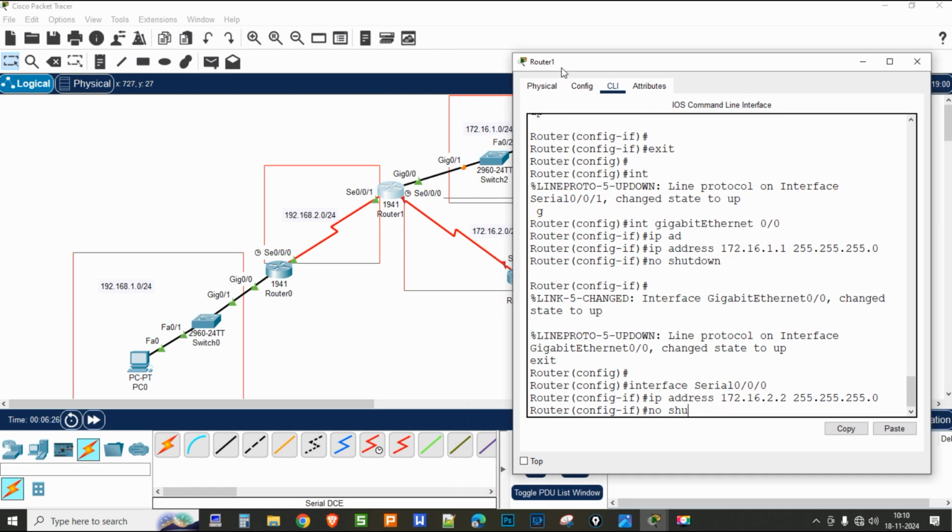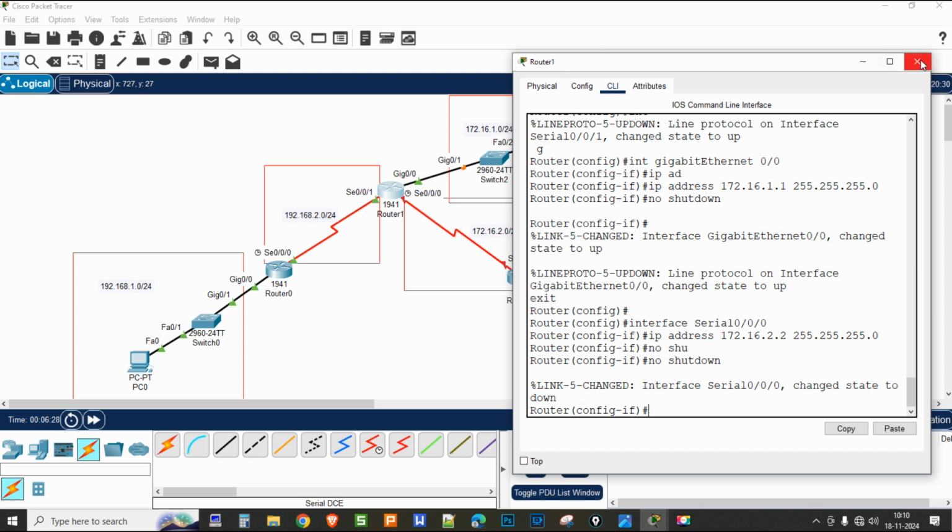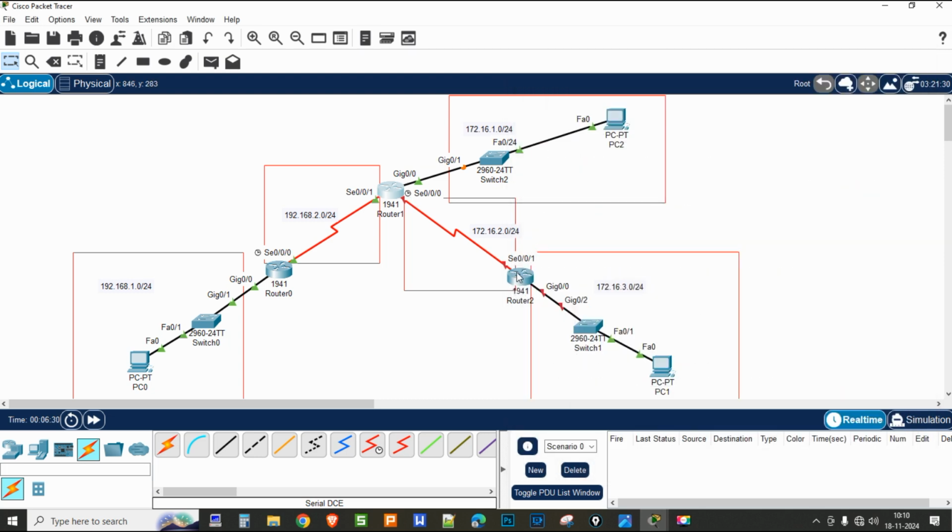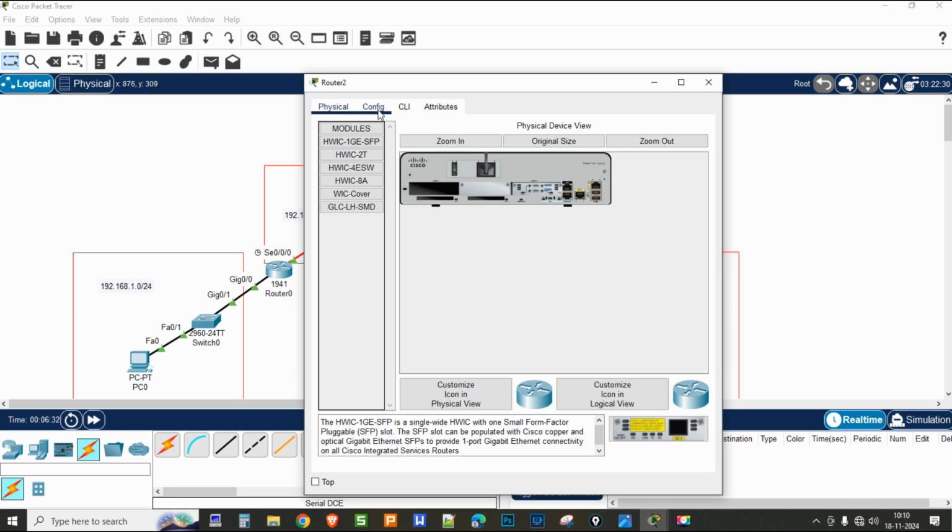Here 1.2, here 2.2. Then the last router.